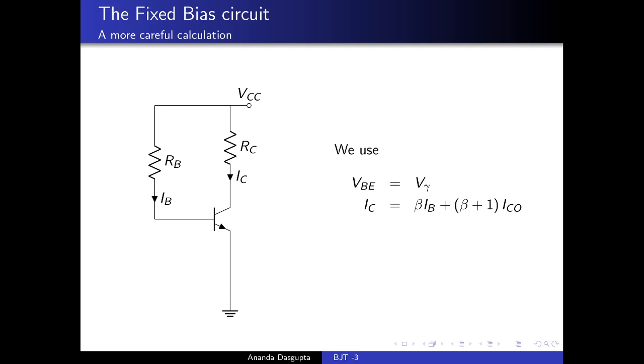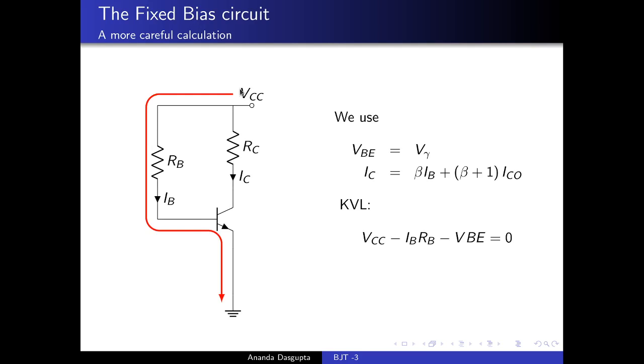So now, let's just try to write down the bias equations, which will simply follow from Kirchhoff's laws. So if I use Kirchhoff's voltage law along the loop which this red line indicates, this will get an equation. But first, let me clarify what I mean when I say the loop which the red line indicates. Notice that this point is marked VCC.